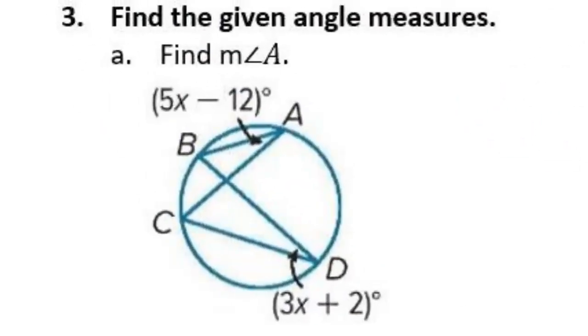Number 3, part A. We've got this weird thing going on here, but I want to show you how you can look at this to help you solve this problem. We are supposed to find the measurement of angle A. Here's A, and I have 2 line segments coming out of that point. So this right here is what they're referring to as angle A. And they say it is 5x minus 12 degrees.